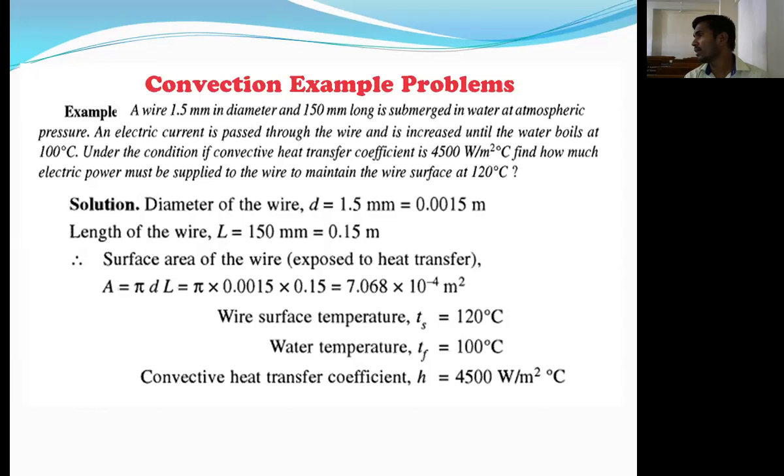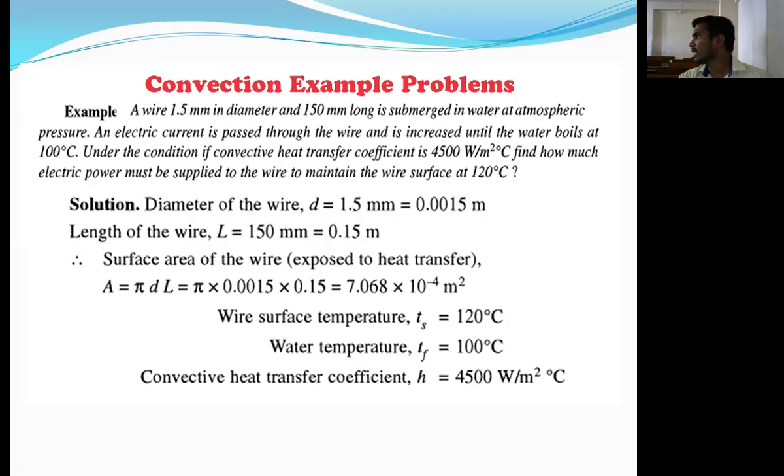Okay, so all of you read that problem carefully. First of all, write down the given things. Whatever is given in the problem, we have to write down. A wire 1.5 mm in diameter, means diameter is given. So write down D is equal to 1.5 mm.